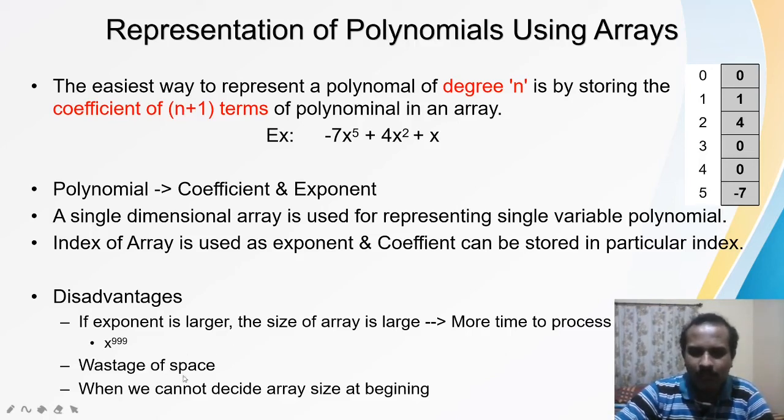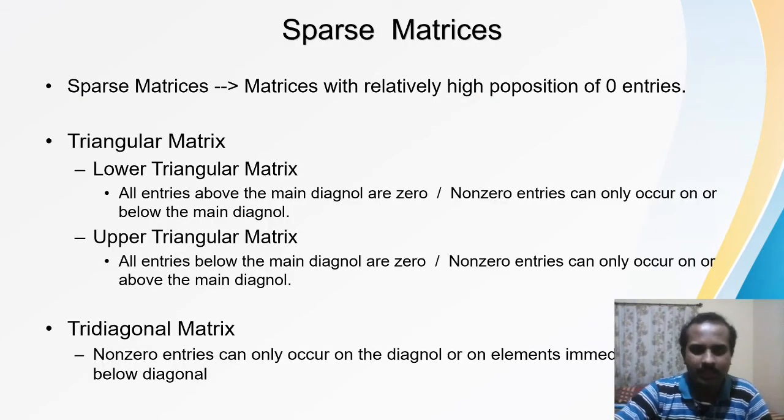So what is happening there? You are wasting the space and you cannot decide the size of the array at the beginning, because we will not be knowing what is the degree of the polynomial that we are going to get.